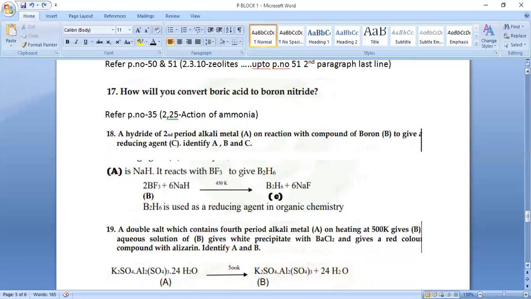Identify A and B. K2SO4.Al2(SO4)3.24H2O, the name of the compound is potash alum. When we heat potash alum at 500 Kelvin, we get K2SO4.Al2(SO4)3. The name of the compound is burnt alum. From the potash alum, the water molecules are removed.